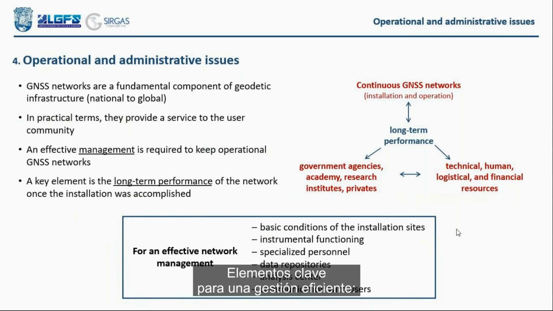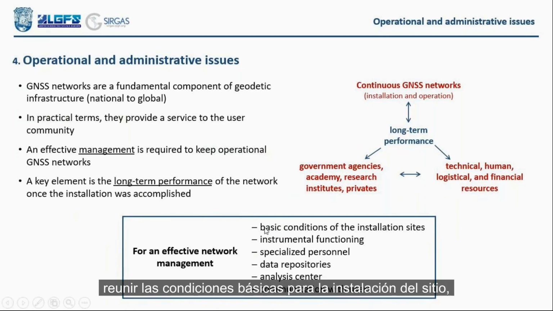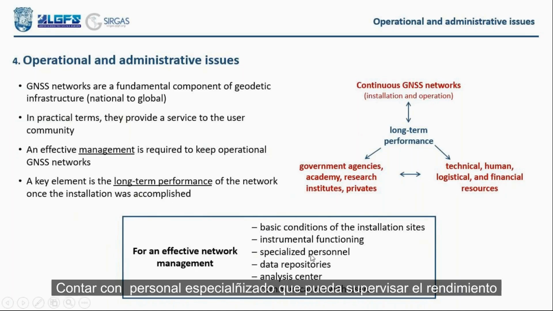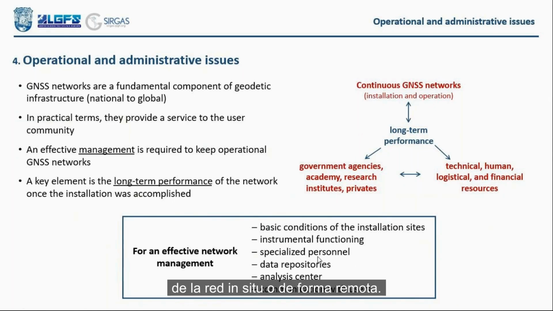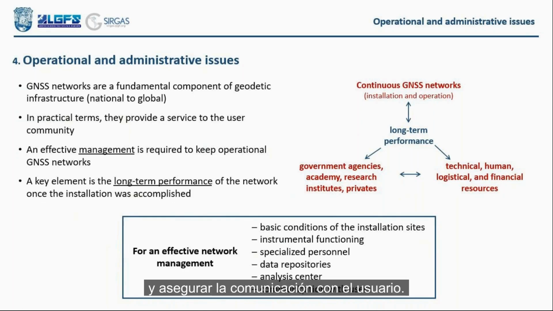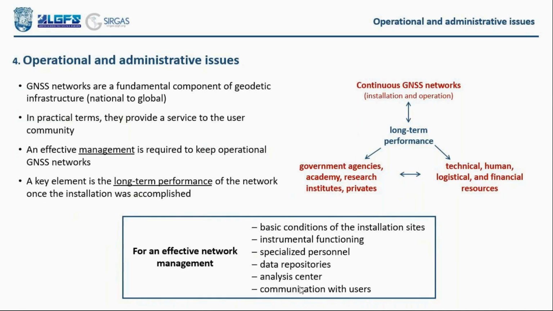Key elements for an effective management of the network are the basic condition of the installation site, the functioning of the receivers, antennas, etc. Keep personnel for monitoring the performance of the network in situ or remotely, to have data repositories, analysis centers, and communication with the user.